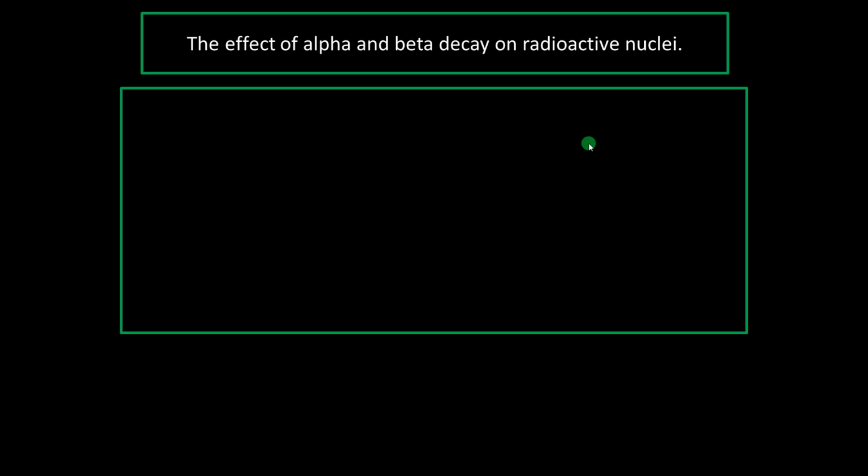Okay, so what we need to know about is how these nuclei decay. And there are 2 main things that you need to know, and that's alpha and beta decay. They are not the only ways for the nucleus to decay, but they are the 2 that you need to know about. So, first of all, just a reminder of year 10 stuff. What is an alpha particle? Well, an alpha particle is the same as a helium nucleus.